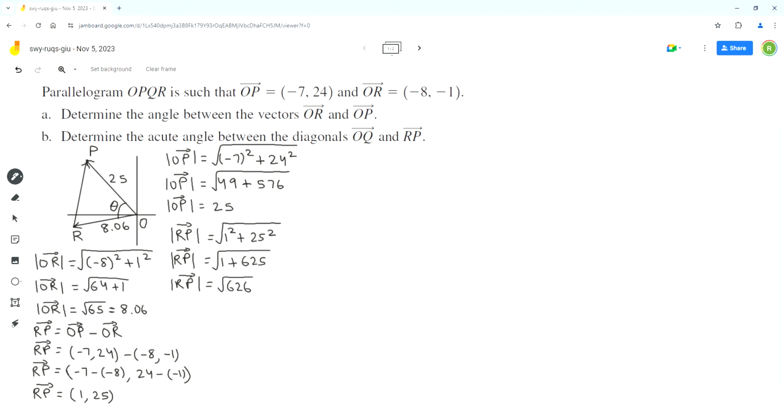So I got square root of 626, which is equal to 25.02. So that's the length of side RP.